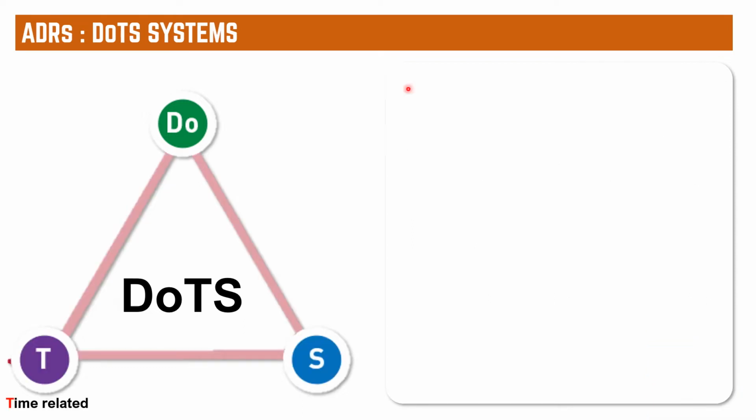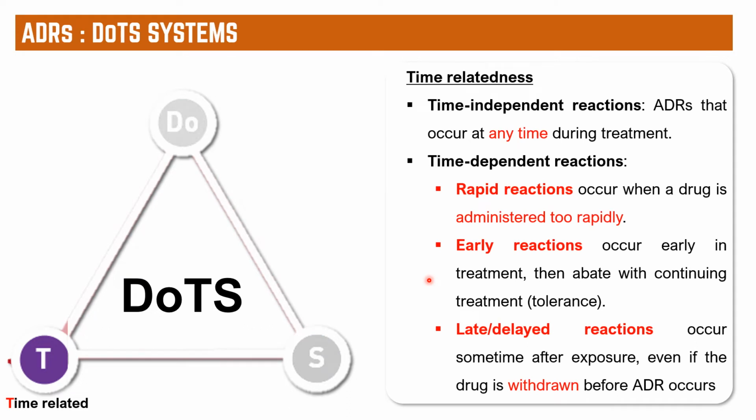The time course of the drug present at the site of action can influence the likelihood of an adverse drug reaction occurring. For example, rapid infusion of furosemide is associated with transient hearing loss and tinnitus. The DoTS system categorizes ADRs as either time-independent or time-dependent reactions. Time-independent reactions occur at any time within the treatment period, regardless of the length of the course of time.